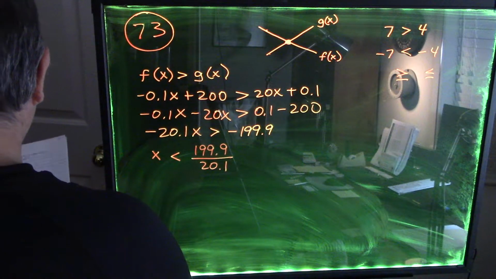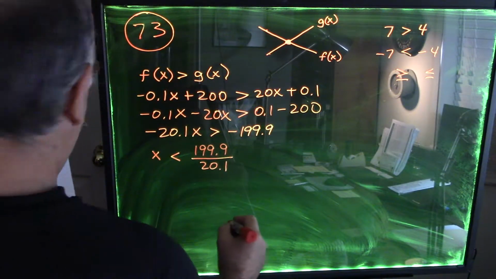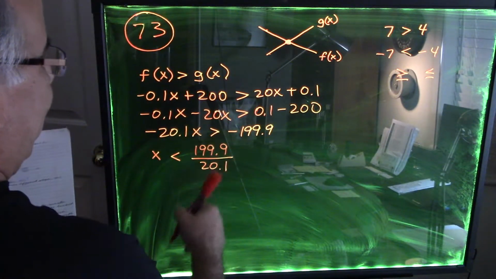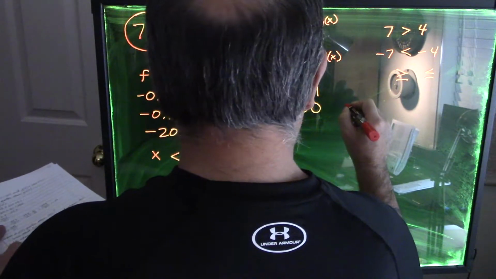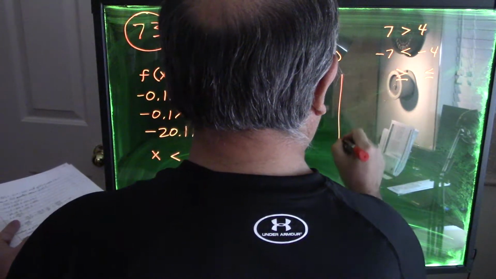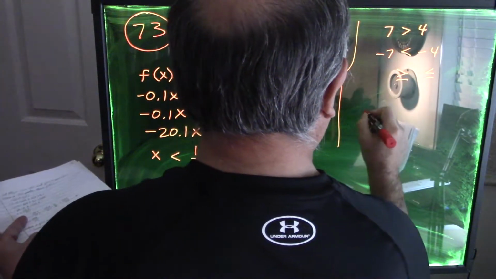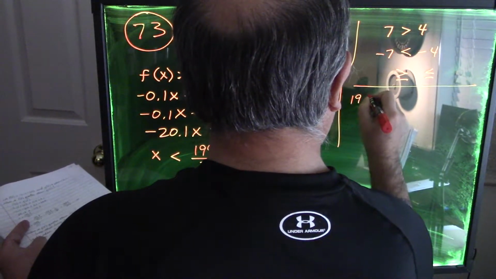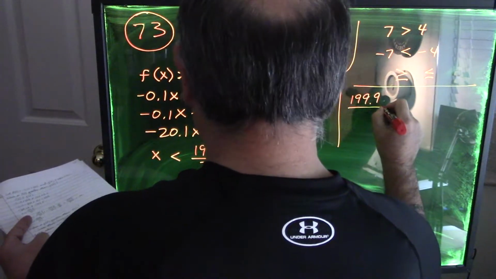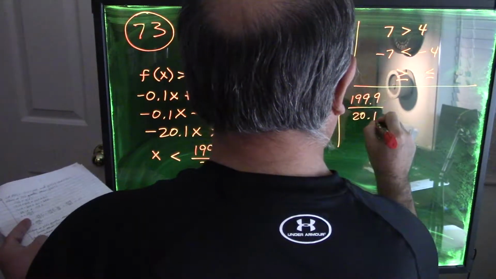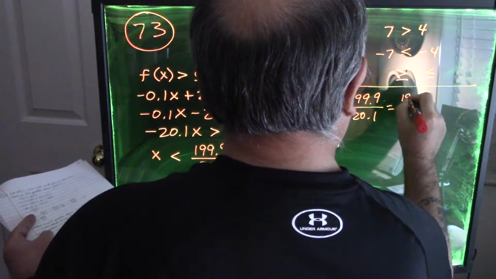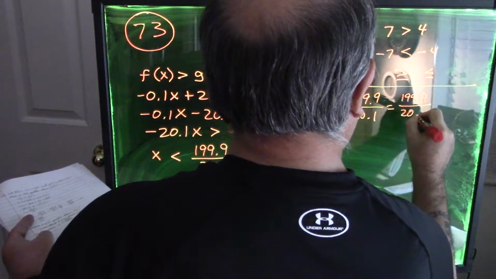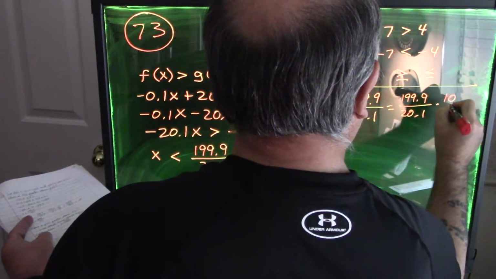And now let's look at this number. We can write this without the decimals. I'll just do it over here, in this scratch area. All right, 199.9 over 20.1 is equal to 199.9 over 20.1 times 10 over 10, correct?